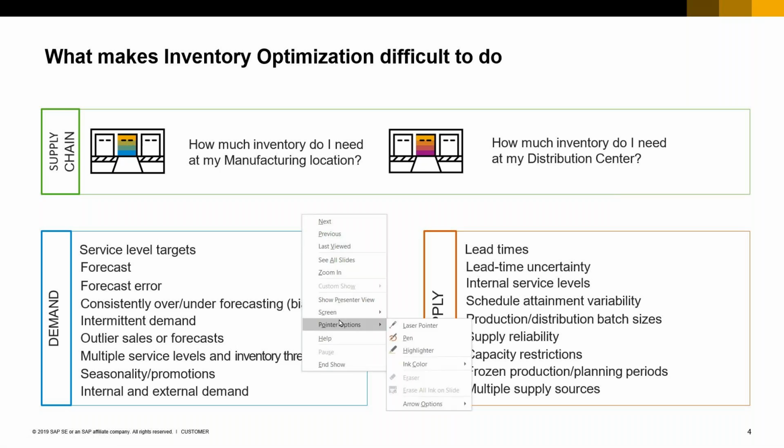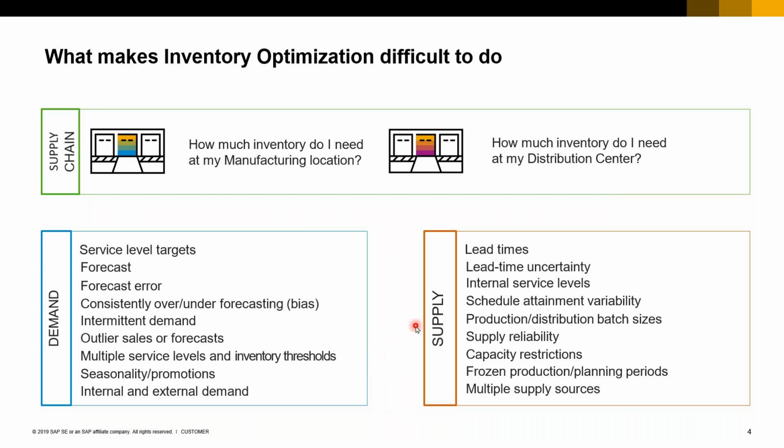So the questions can be like, how much inventory do you need at your manufacturing location? How much of that do you need at your distribution location? How much should you be giving to the customer, because there will be some customers which are important customers, so you want to prioritize them, right?